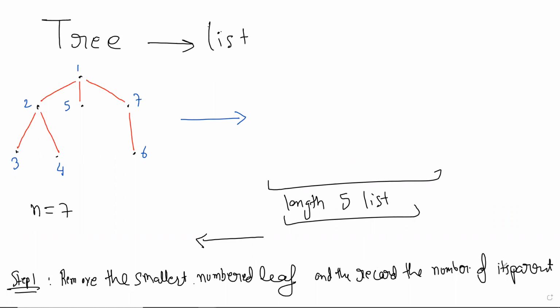So if you follow this method, then how does my list evolve? Let's do it. So what should be the first item in my list if I follow this method?